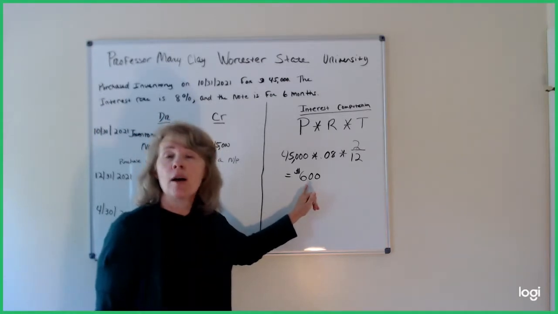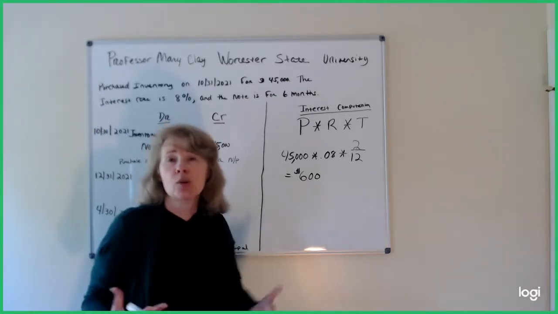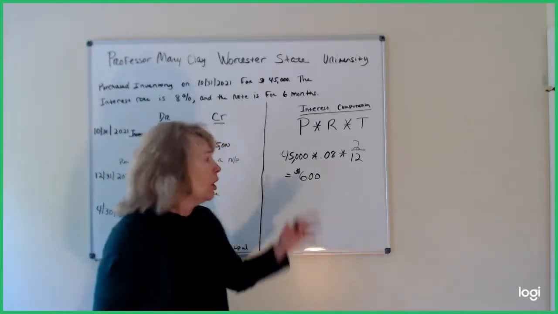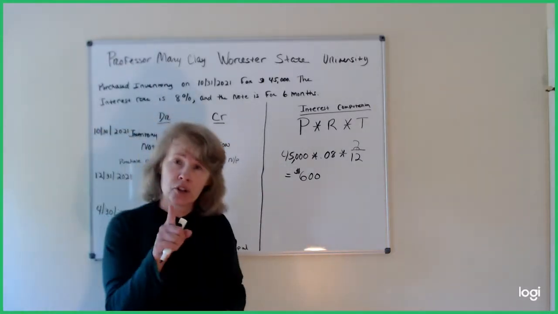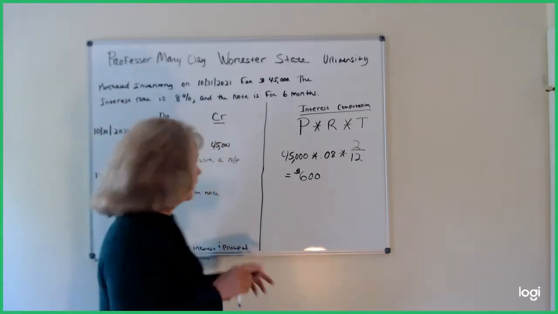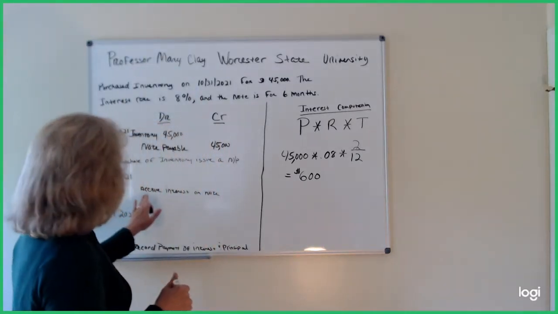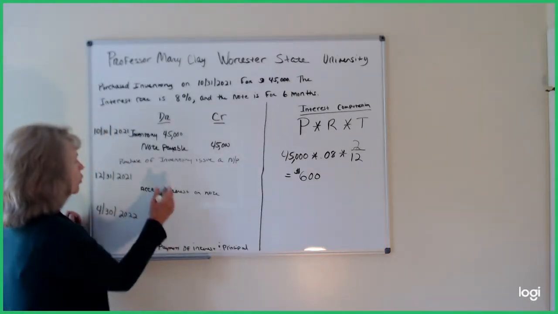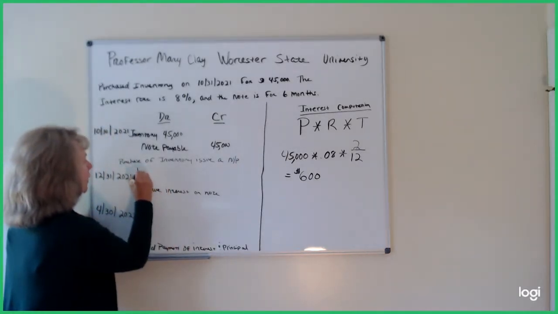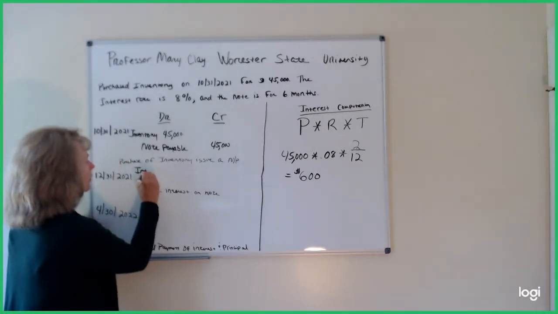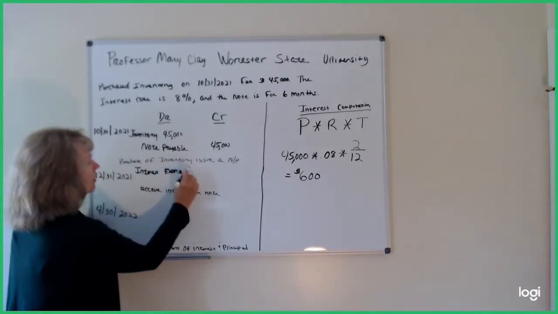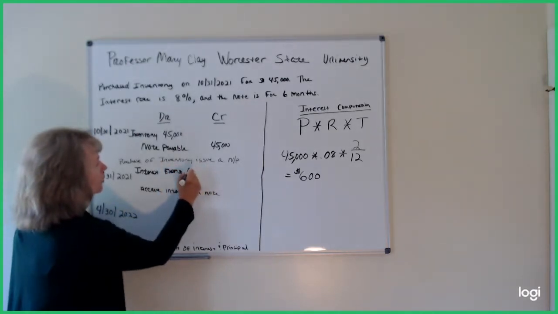Remember, you're borrowing. So interest in this case for you will be an expense. You go over here, don't touch cash, don't forget that. You label it accrue interest on note. So we're going to debit interest expense, and that's $600.